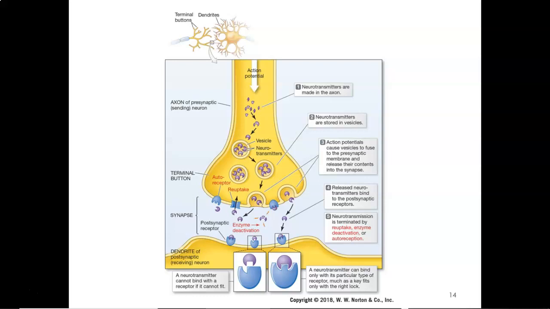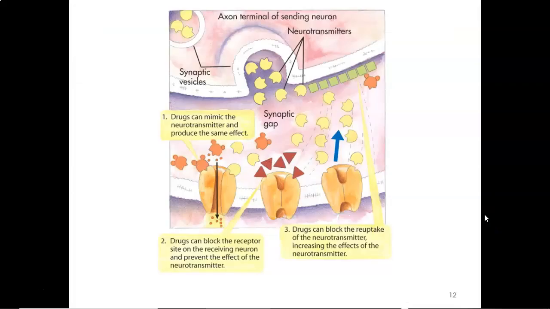We need to speed it back up to its normal state, and SSRIs and SNRIs, selective serotonin reuptake inhibitors and serotonin and norepinephrine reuptake inhibitors, block recycling. That's all they do.